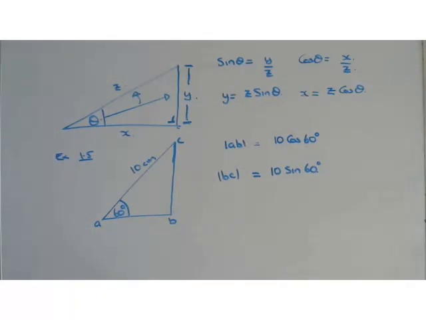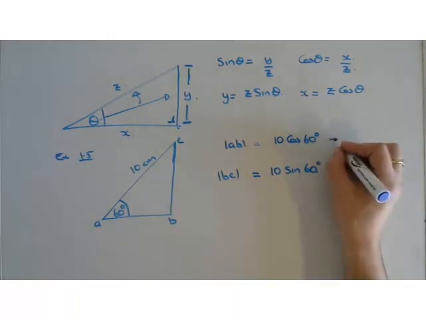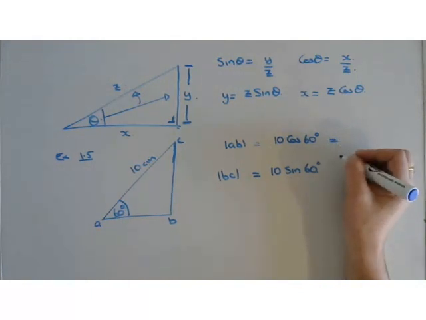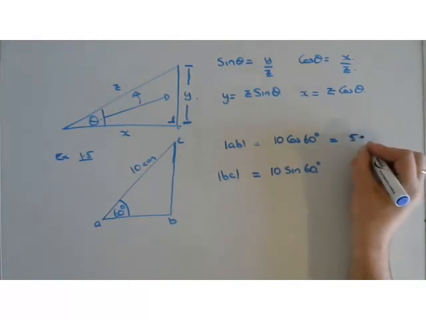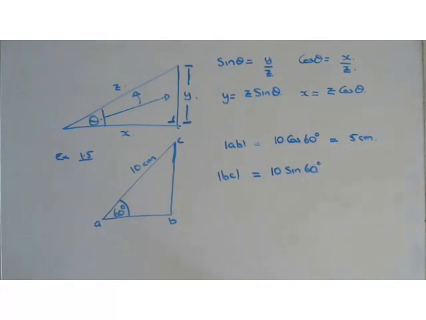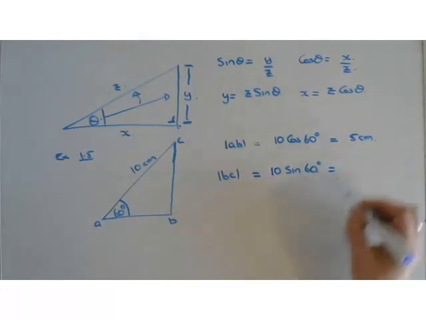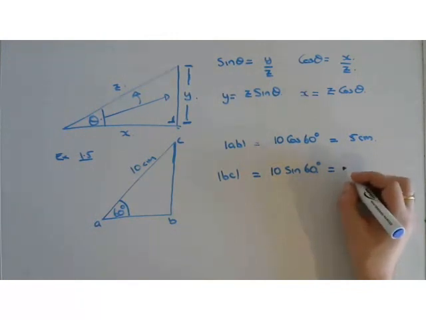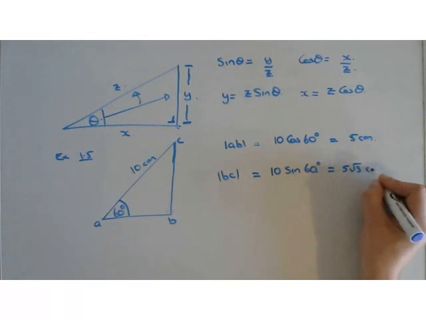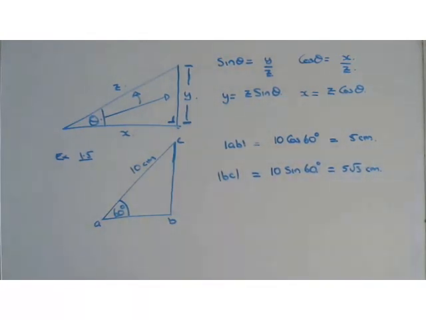Putting them into your calculator, cos of 60 is a half, so 10 halves is 5 centimeters. And sine of 60 is root 3 over 2, so this is 10 times root 3 over 2, which is 5 root 3 centimeters.